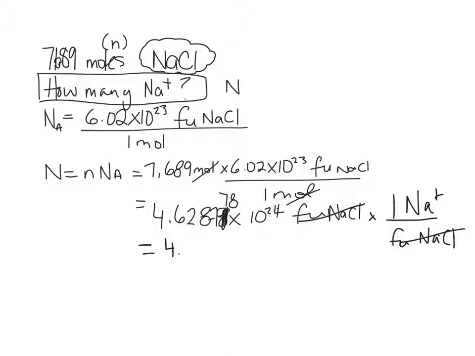Now, how many significant digits here? 4. Avogadro's number is a given quantity, so we don't count that as having significant digits. So we're going to have 4 in our final answer.